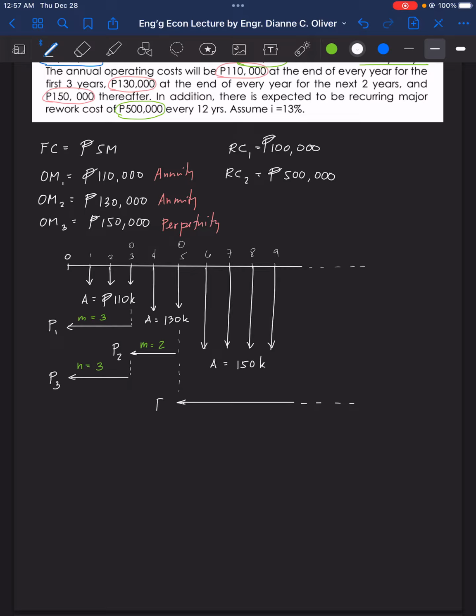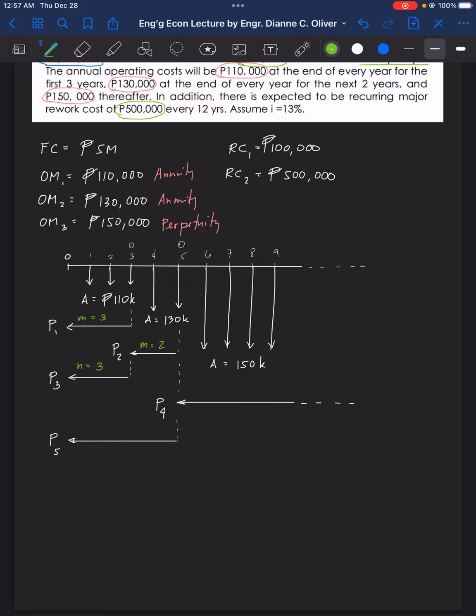This is our P4, and from this P4 we will have to transfer it from this point up to the present. So this is now our P5.